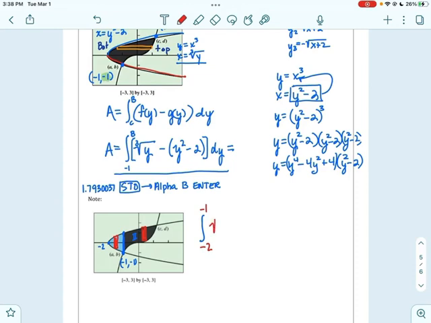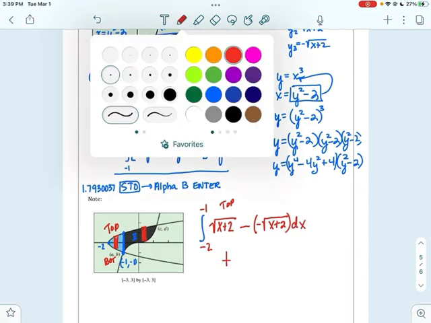The top function is the positive square root of x plus 2 minus, on that first section, this is area 1, if you will, the bottom function there, which is negative square root of x plus 2, and that would be dx. Then you would add it to, let's change colors now. Let's make our rectangle green here.